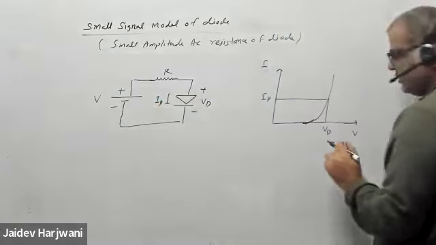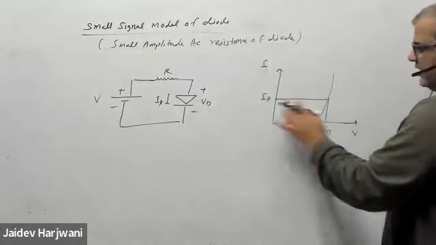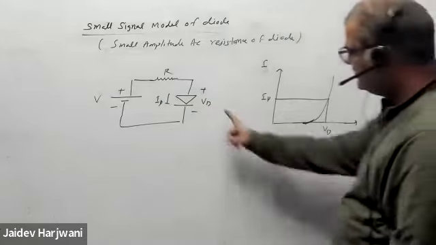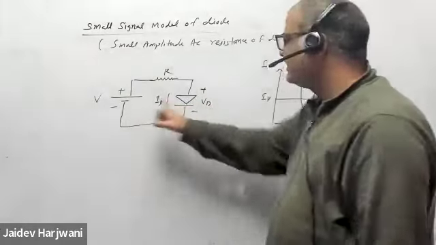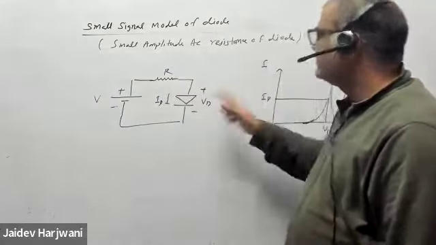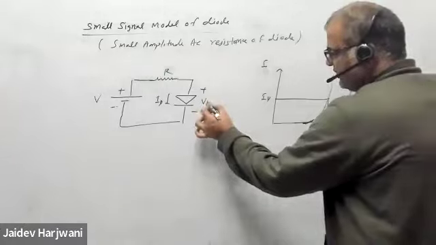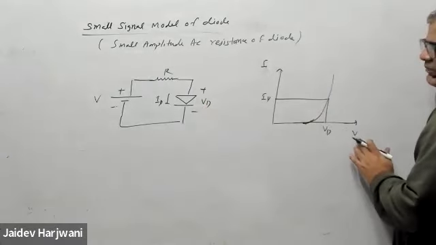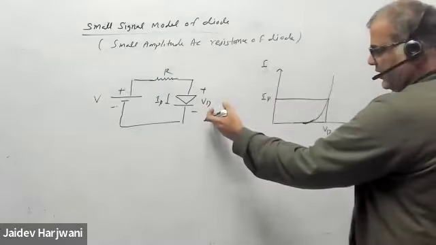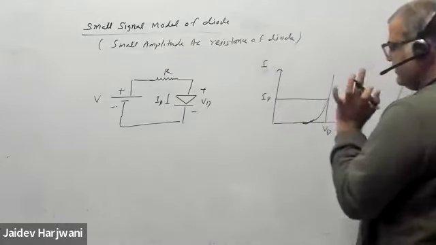Now say for voltage VD, an ID current is flowing in the circuit. So if you put VD here, there's a voltage drop and a current flowing through it. It's the same circuit here, so don't get confused with this V. This is the applied voltage across the diode. For voltage drop VD, the current flowing is ID.